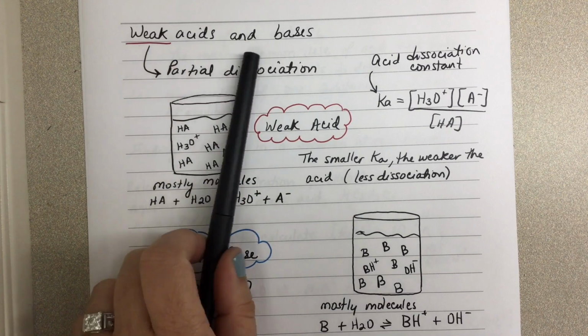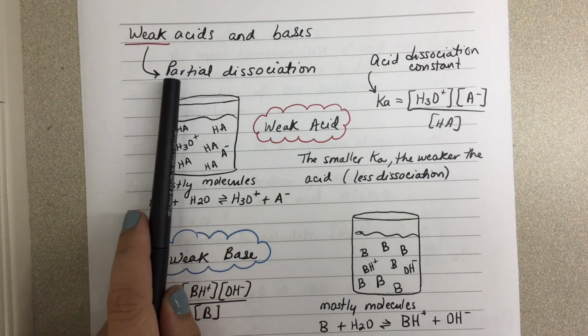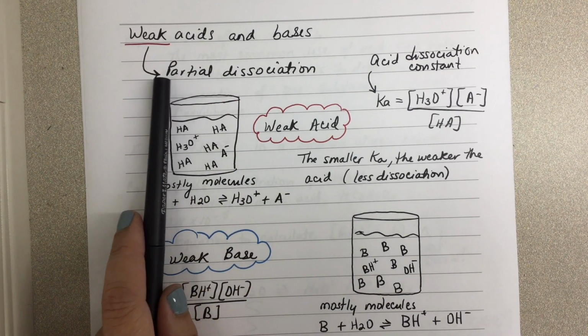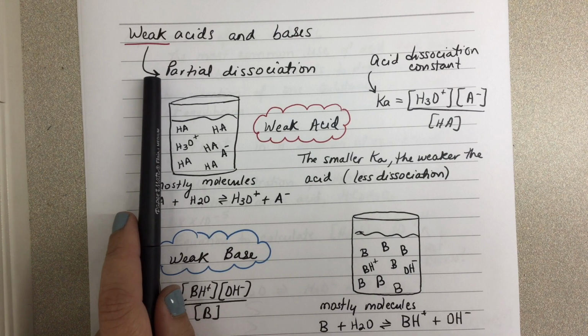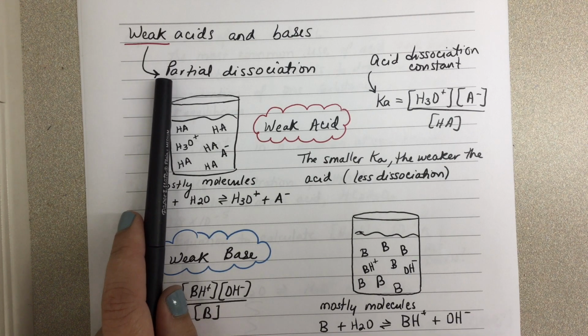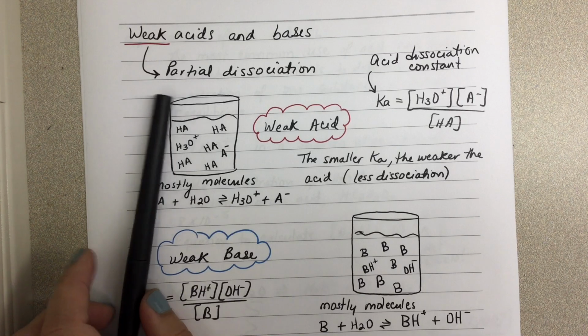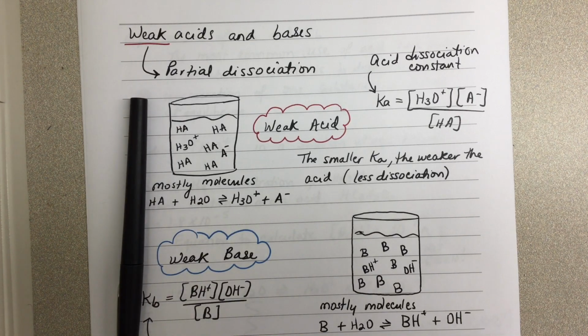Looking at weak acids and weak bases, the dissociation is a partial dissociation, which means that we have weak electrolytes for these ones. And when you have a partial dissociation, it means that in solution what you have is mostly molecules without dissociation.